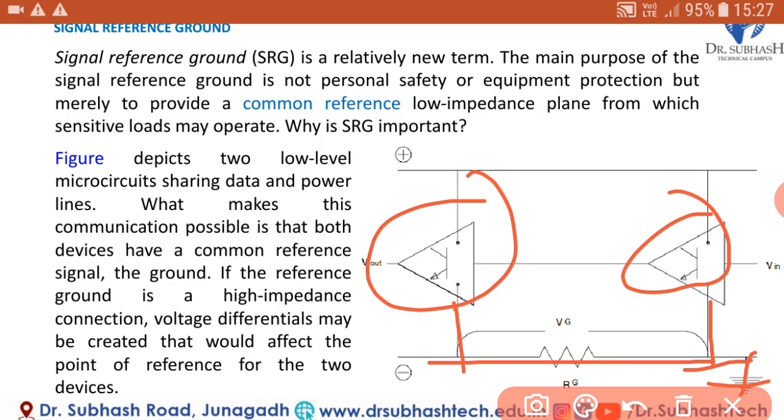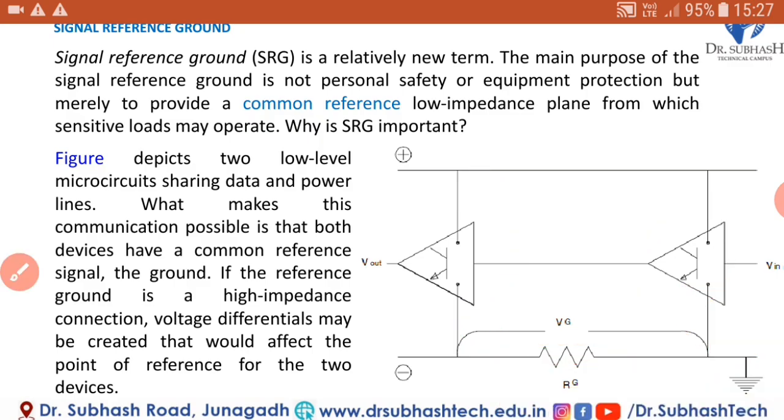If the reference ground is a high impedance connection, voltage differentials may be created that would affect the point of reference for the two devices. It means this difference may be due to the distance, there is a difference between these two ground potentials.